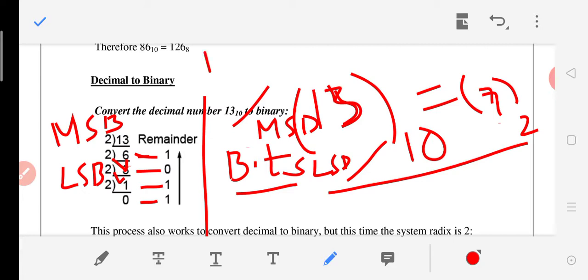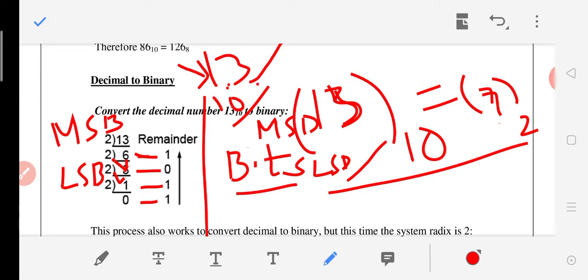Here our decimal number is 13. The positional value of 3 is 10 power 0, the least positional value, so 3 is the LSD, least significant digit. Here 1 has the positional value of 10 power 1.